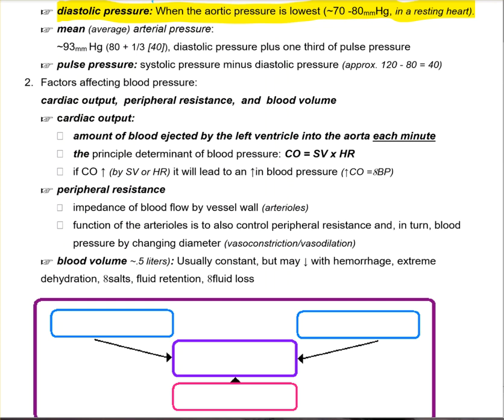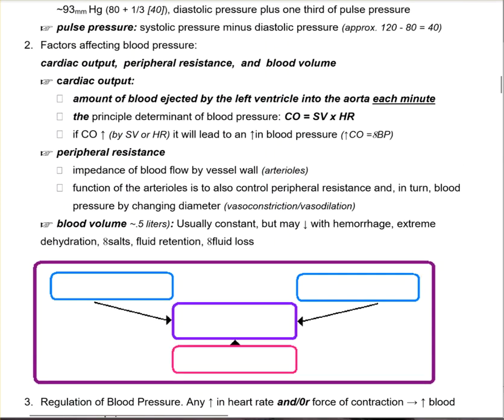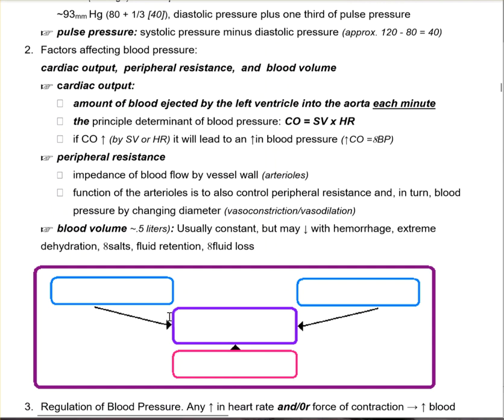All right, now we want to talk about factors that affect blood pressure. What I have here is a little diagram, and I like it because we can write in blood pressure, and we can write three things that affect it.